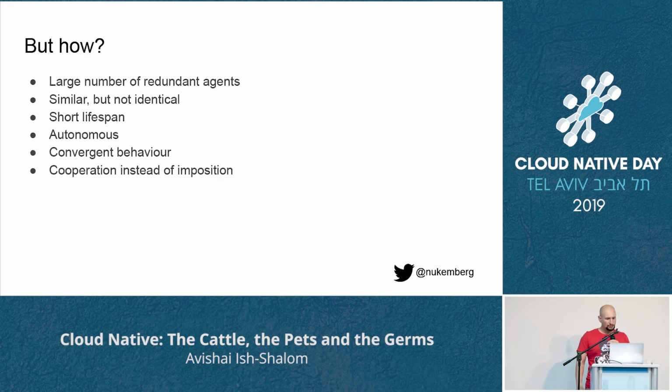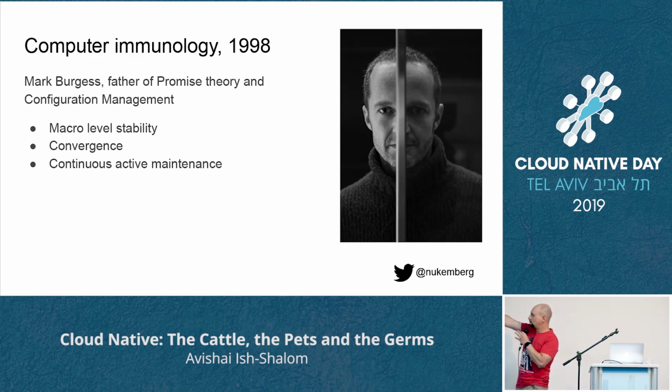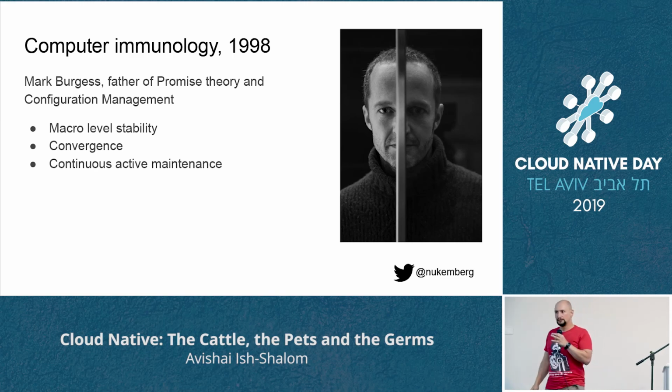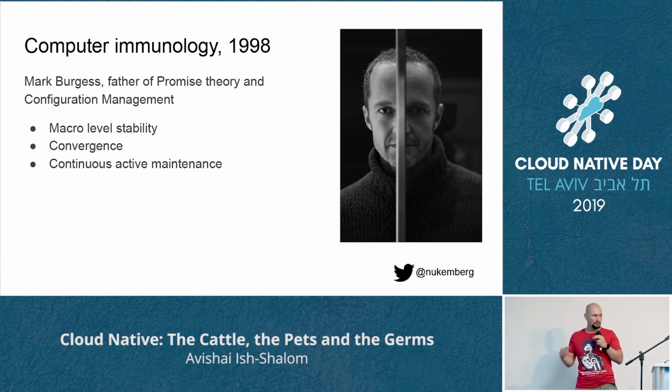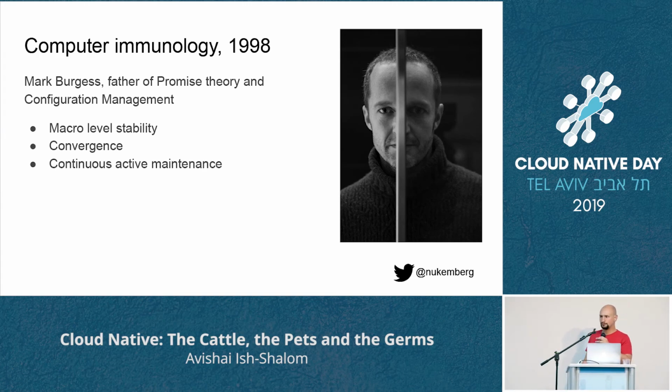I'm not going to talk about this too much, but if you're interested in that, this guy, Mark Burgess, very smart guy, has been working on this for 20 years. And he published a paper called Computer Immunology in 1998, which brought those ideas, and actually he wrote some software, CFEngine, if anyone knows it, that took those ideas and actually put them in large scale on infrastructure management.